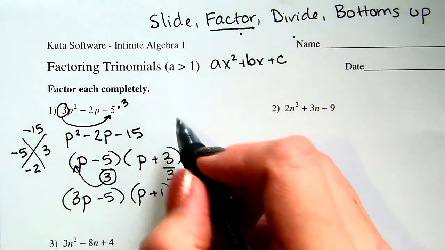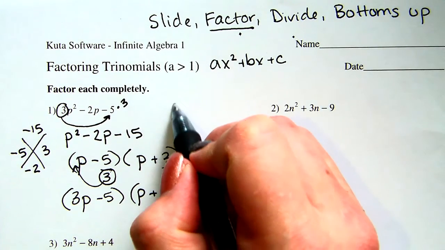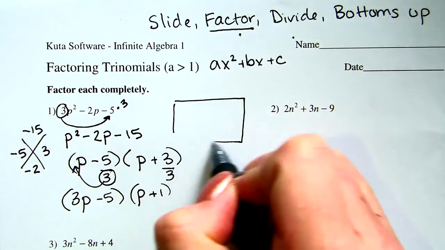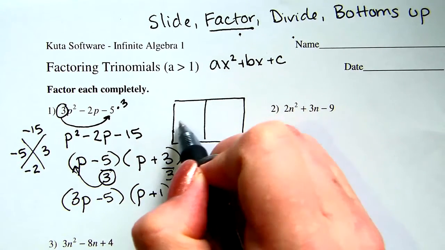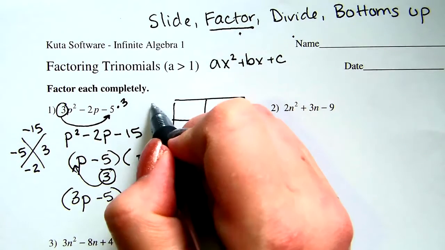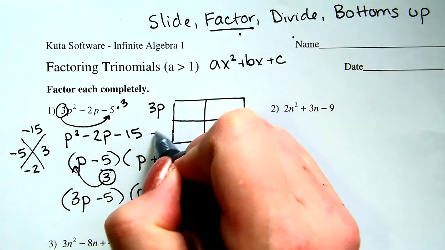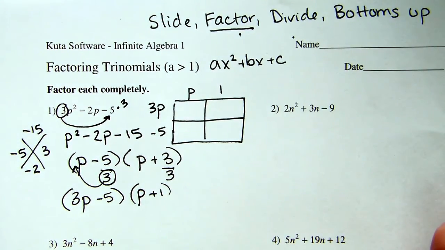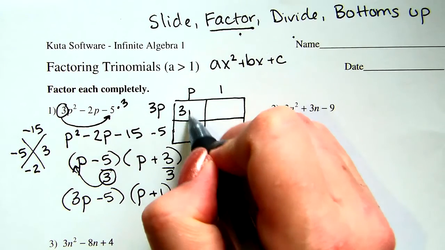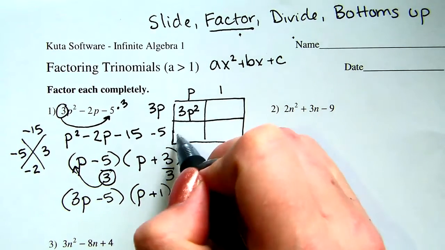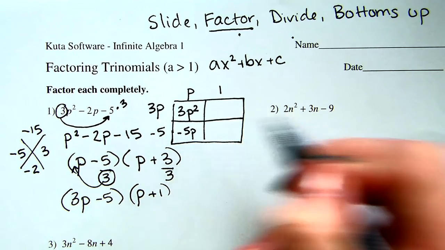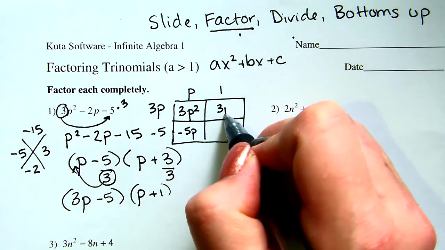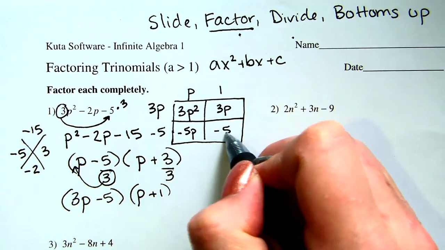Now, when we check this, and I want you to check this on at least half of your problems, we have 3p squared, negative 5p, 3p, and negative 5.